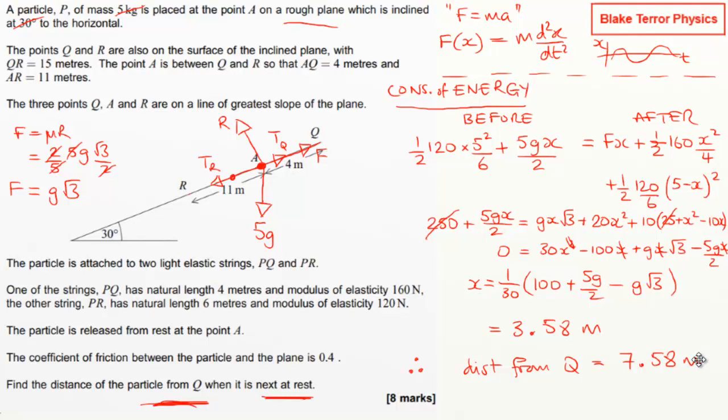So yeah, if we'd gone down the forces route, then we're going to start hitting a lot of hurdles. We will get on to looking at that later on when we're looking at oscillations, because this particle is oscillating backwards and forwards. We know here we've got our two solutions of when the particle is at rest, once when it's at A, once when it's gone down at 3.58 meters, and the particle is going to be oscillating backwards and forwards between those.